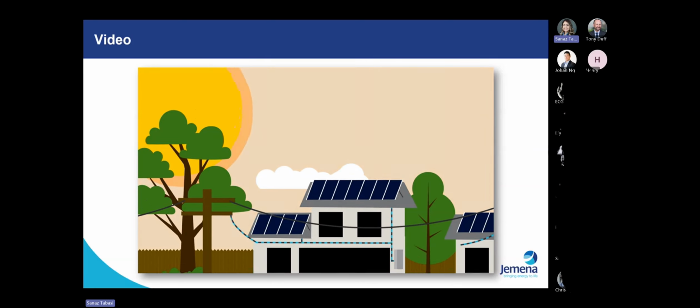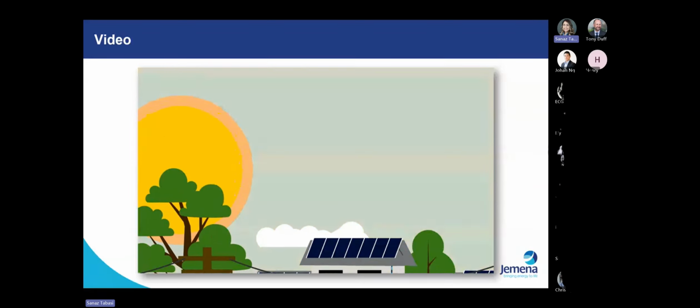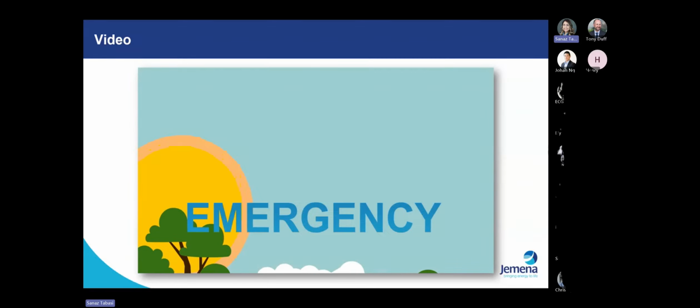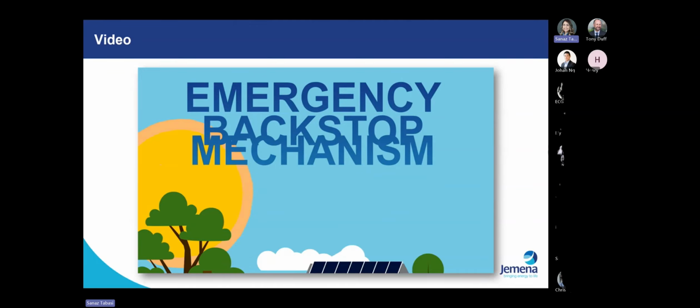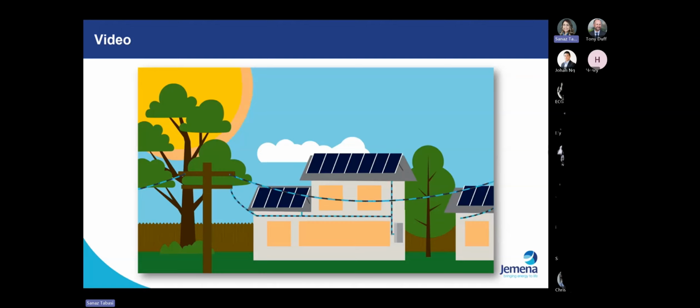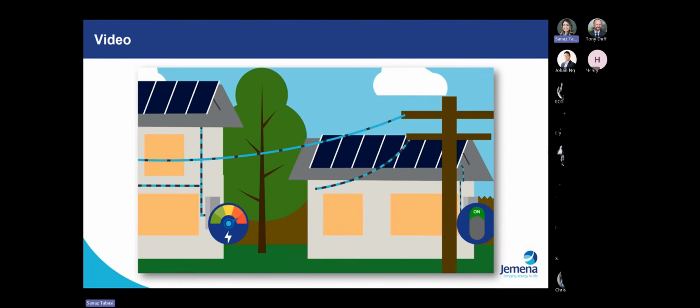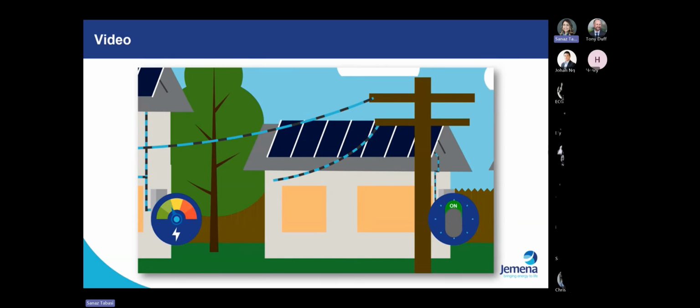To manage this imbalance, the Victorian Government is introducing some changes, called the Emergency Backstop Mechanism. Under the Emergency Backstop Mechanism, the Australian Energy Market Operator, or AEMO for short, can request electricity network distributors to remotely reduce or switch off solar being generated during an emergency situation.